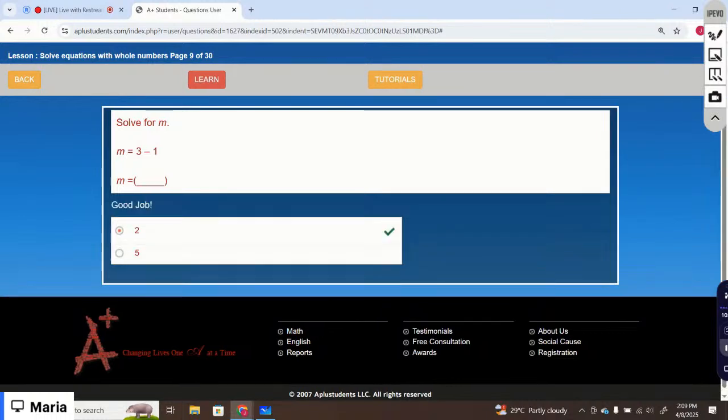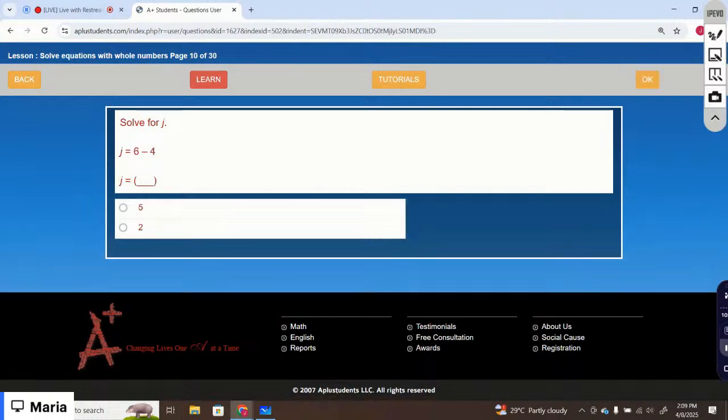Option number 1 is the correct option. m equals 2. g equals 6 minus 4.